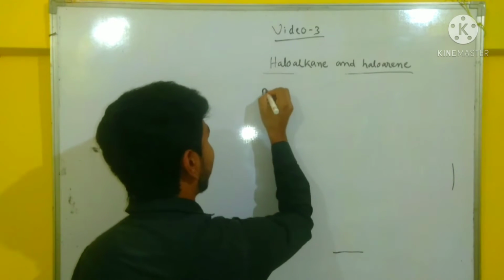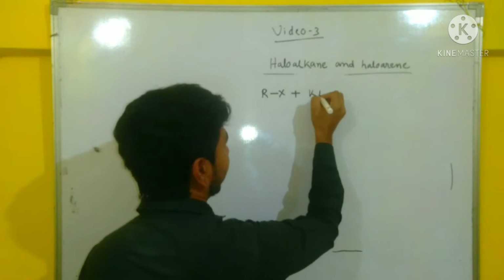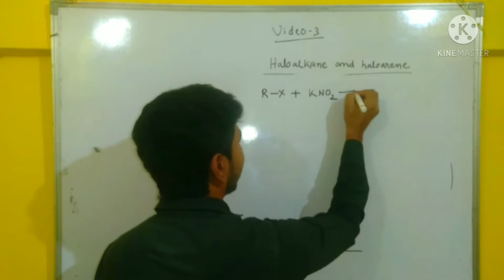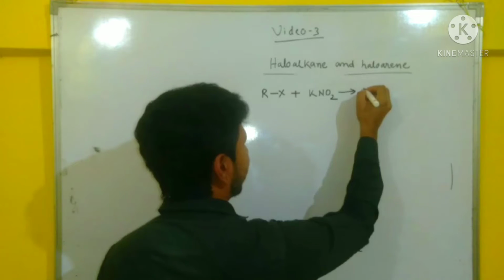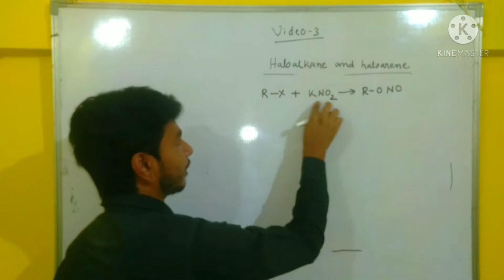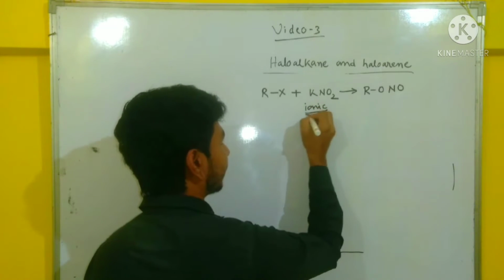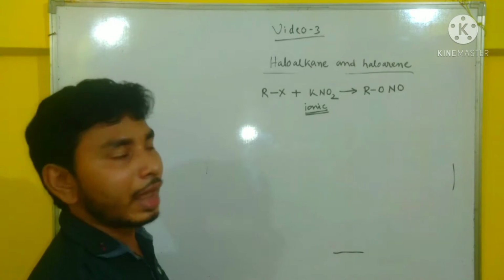Now when RX reacts with KNO2, it gives the nitrite, RONO. This is because KNO2 is an ionic compound.